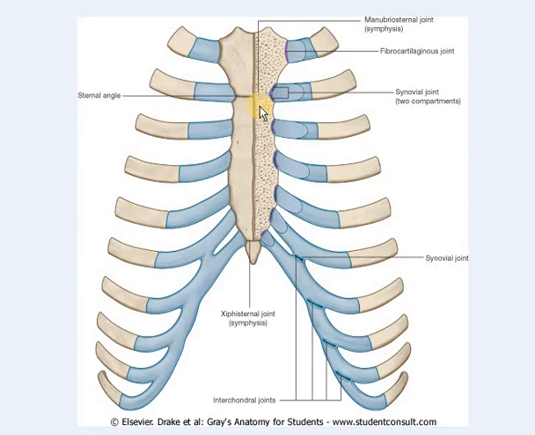Once the needle is in the medullary cavity, we can aspirate the bone marrow from the sternum, and that bone marrow can be used for clinical diagnosis, such as blood cancer, leukemia.